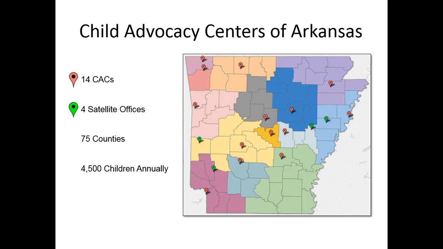If you're not familiar with the CAC model, most of these kids come there because of an allegation of sexual abuse. As most of you know, kids where that has happened could benefit from therapy. So stakeholders want to know if they are getting connected to those therapists.